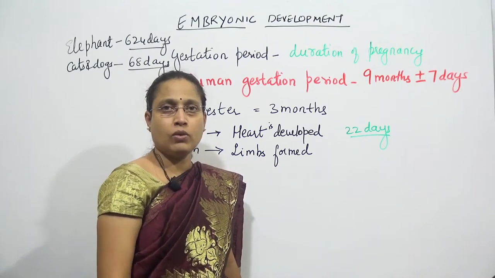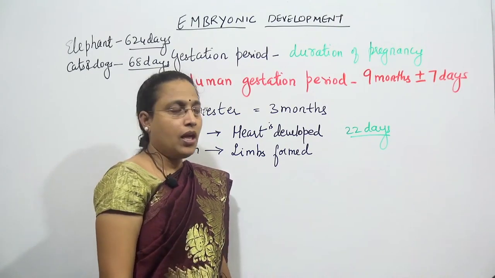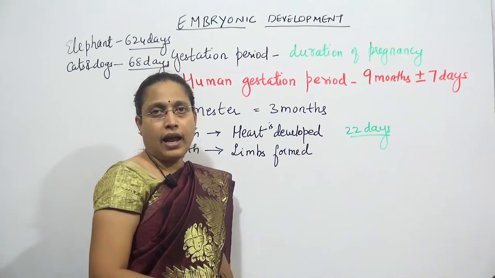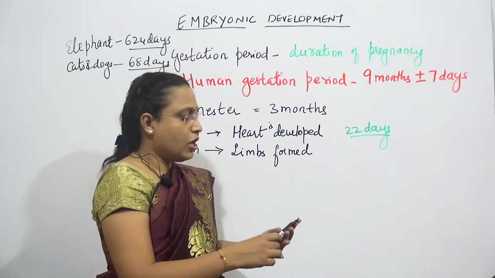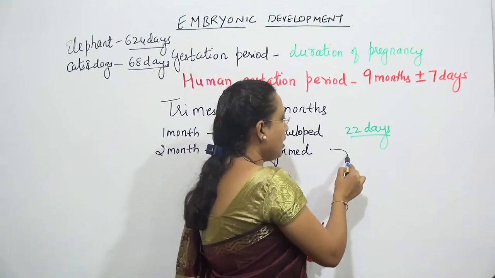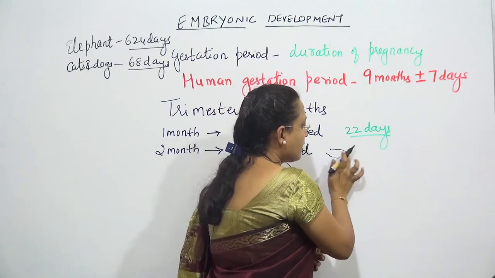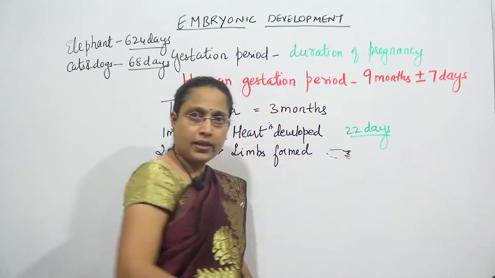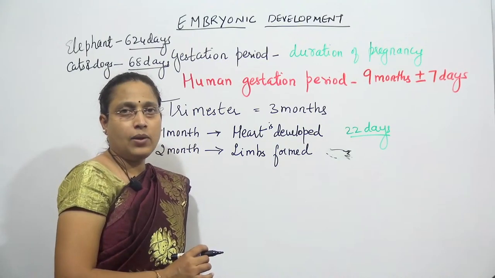Forelimbs for humans will be hands and hind limbs will be legs. Now these limbs initially will be like a paddle and later on digits will appear, means fingers will appear. So initially it will be just like a paddle, and later on it will increase its length and slowly the digits start appearing. So that limb is formed in second month.